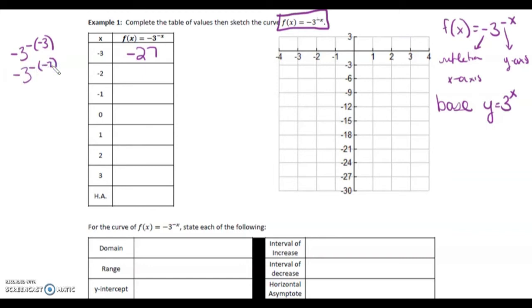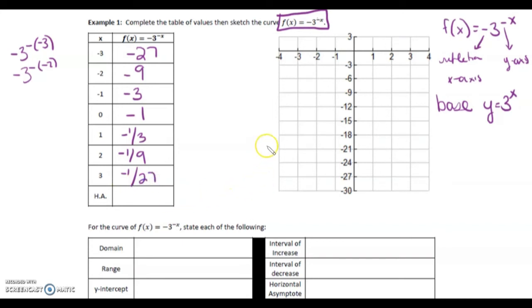I get -9, -3. Zero is -1. Then -1/3, negative, I think it's 1/9, and then this is 1/27.